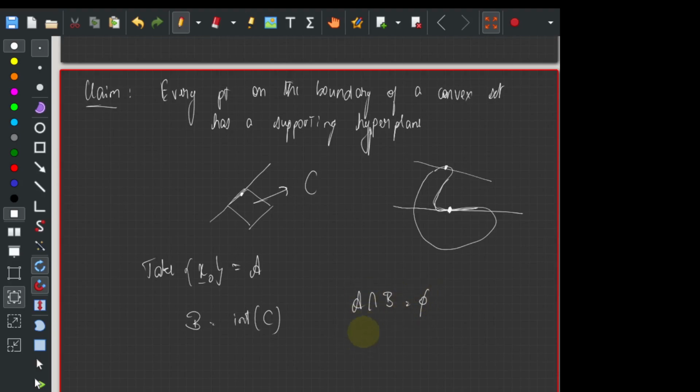It is empty, and A and B are convex. So there exists a separating hyperplane.